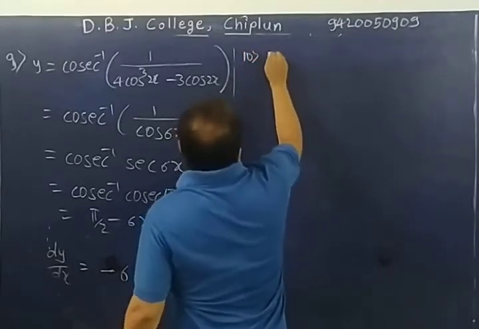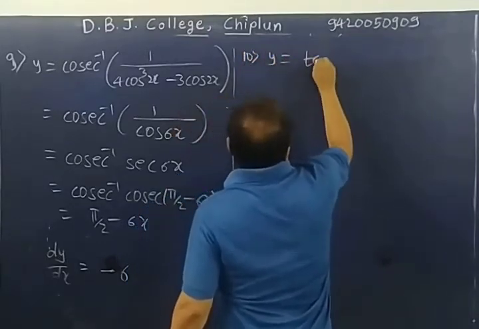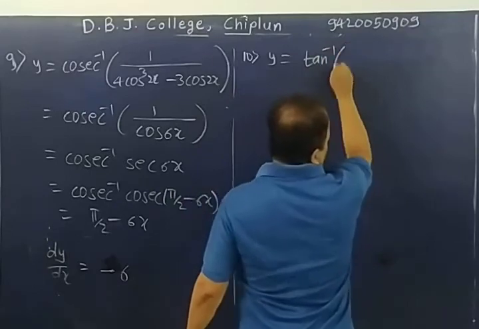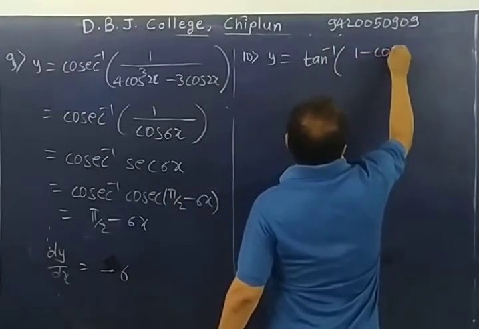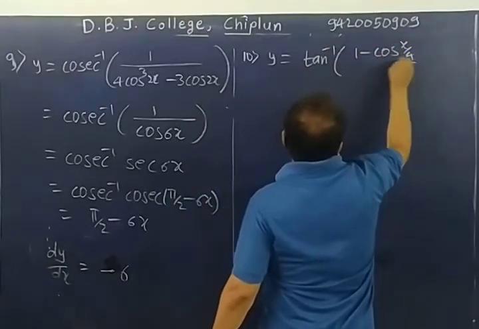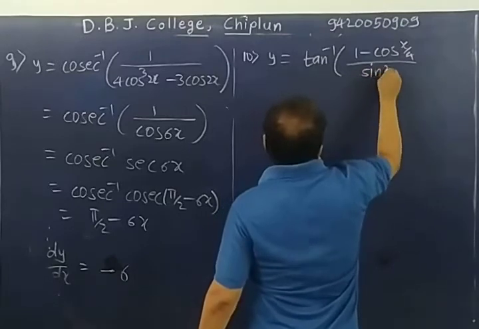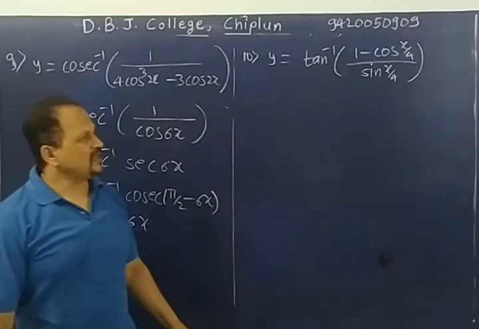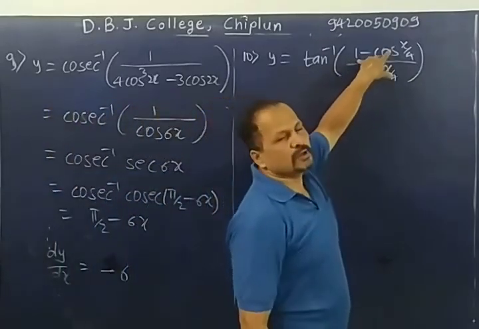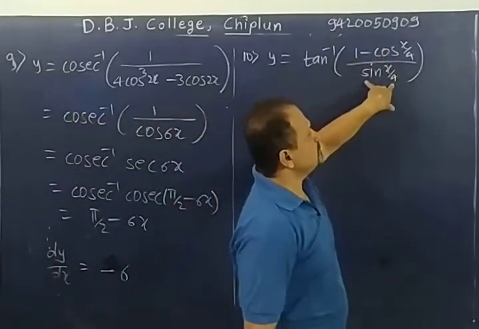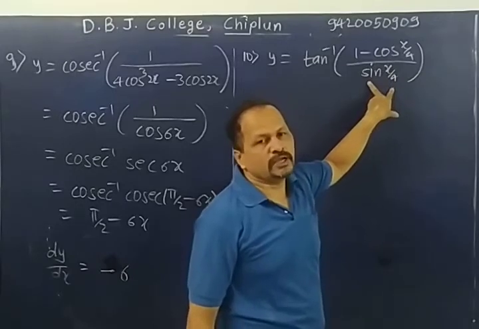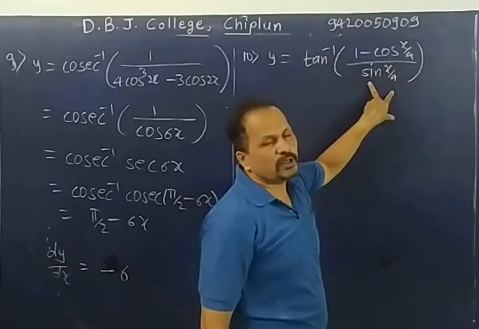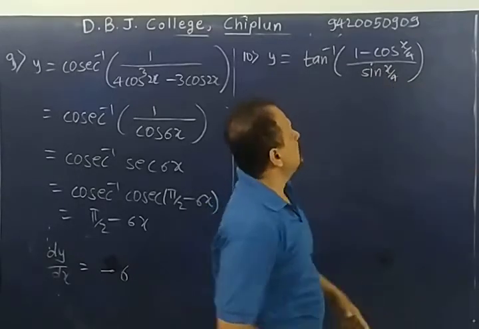Tenth problem, y equal to tan inverse of (1 minus cos x by 4) divided by sin x by 4. Again, use the formula for 1 minus cos 2 theta and the formula for sin 2 theta. Sin 2 theta formula is 2 sin theta cos theta.